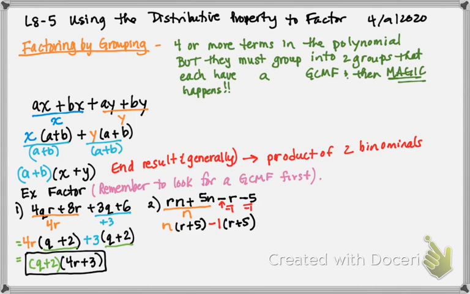Okay? Sometimes there are some weird things that happen that we have to play around with, but there's your miracle. You got your magic happening. So then we're going to factor out the binomial r plus 5, and the remaining factors make their own binomial. So we have r plus 5 times n plus 1. Again, nothing that I can factor out, so that's my answer.